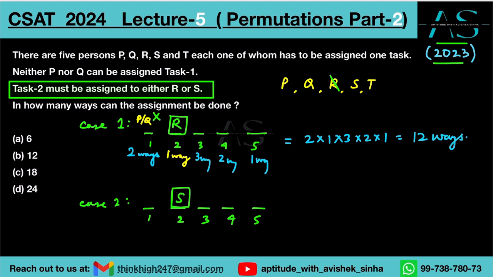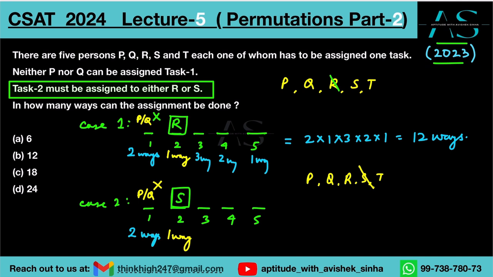Same method. We have the option set as P, Q, R, S and T. Whom are we assigning to task number 2? S. This can be done in 1 way. Now S goes out of the option set. Again the question says P and Q cannot be placed in the first task. So for task number 1, we cannot place P, Q or S, we can only place either R or T. So this can be done in 2 ways.